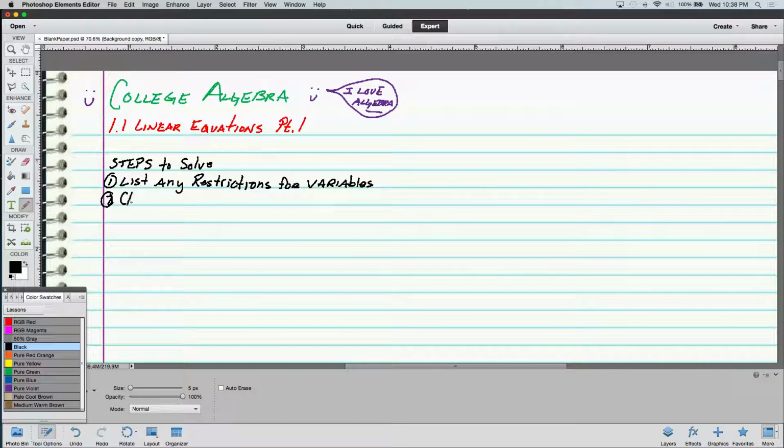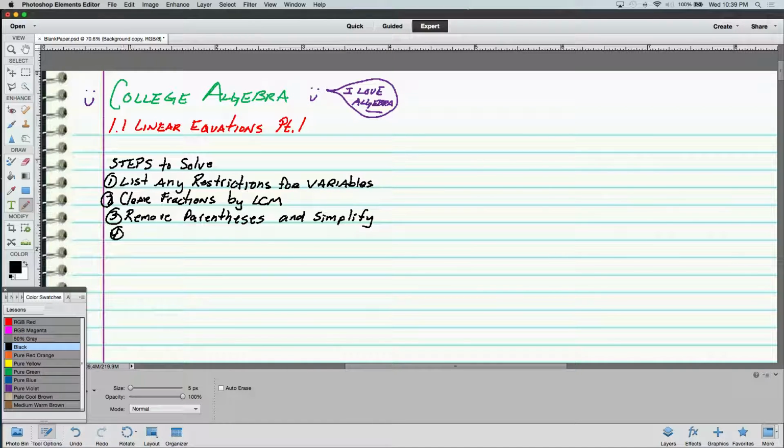Step two, we're going to want to clear any fractions. And to clear fractions, we're going to use the least common multiple. Step three, we're going to want to remove any parentheses and simplify as much as we can.